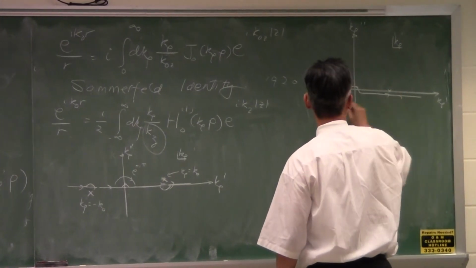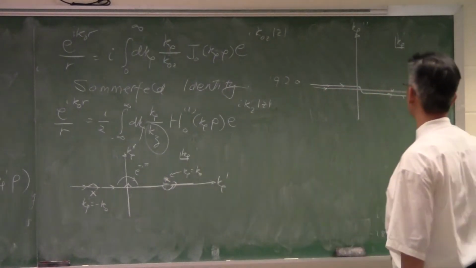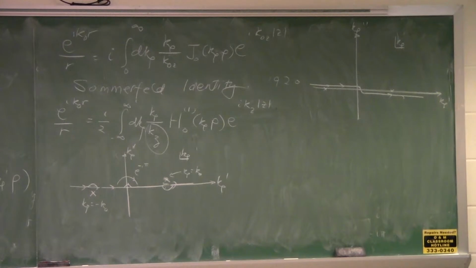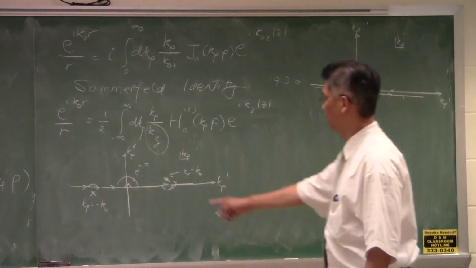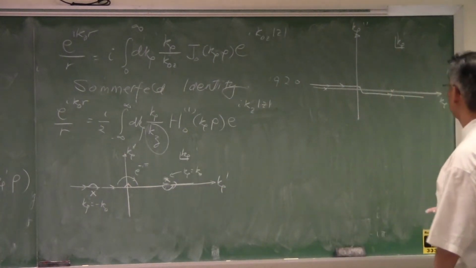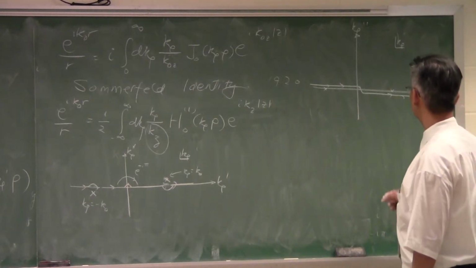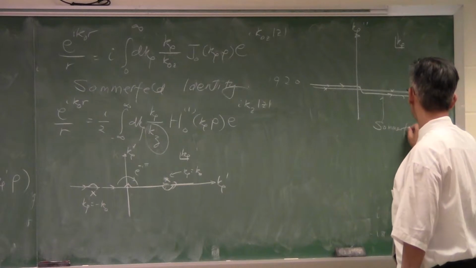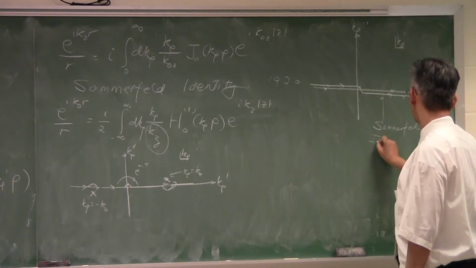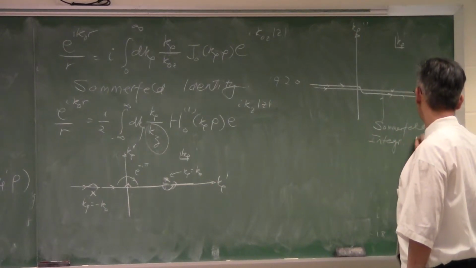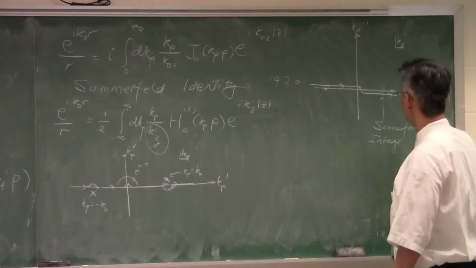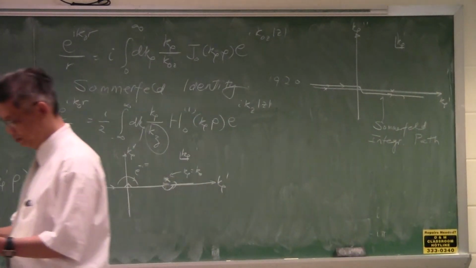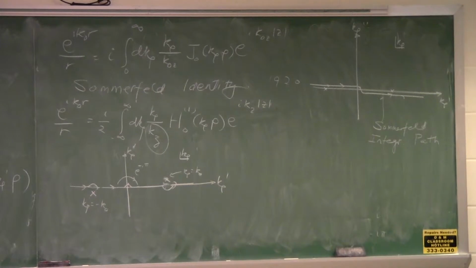And so if you have vanishingly small loss, then the two singularities would be there. This would be the singularity due to this one. And this is called the Sommerfeld integration path, because it defines it to be that way so that it's valid in the limit of no loss.